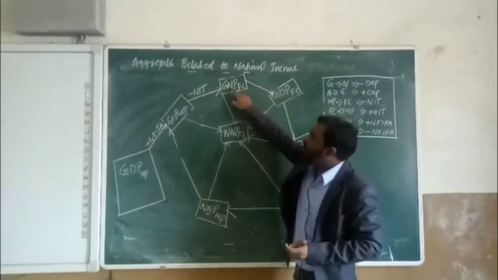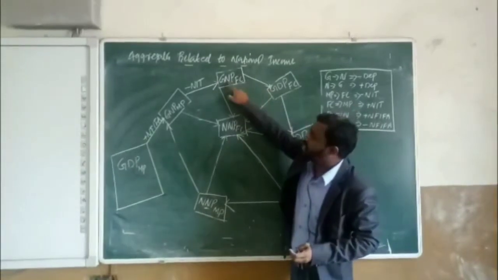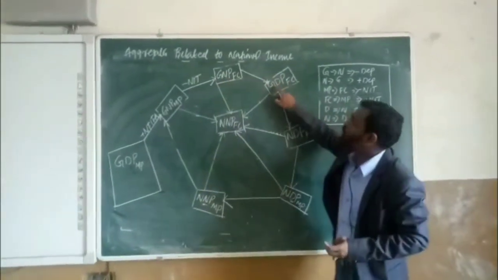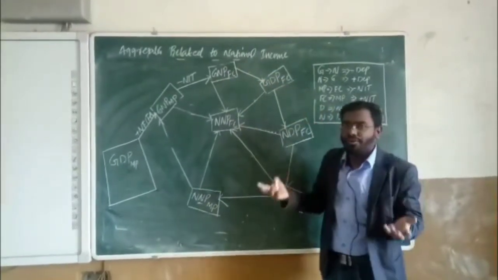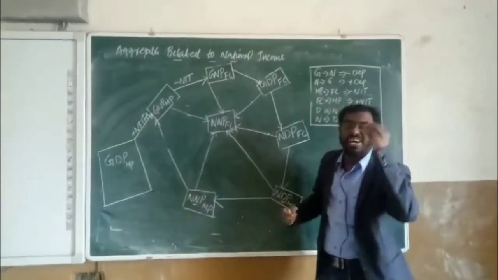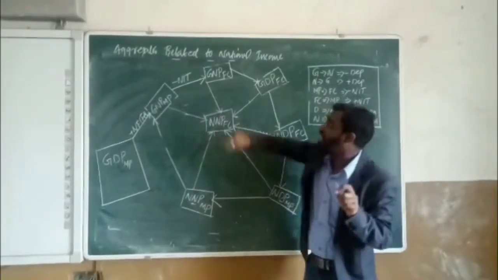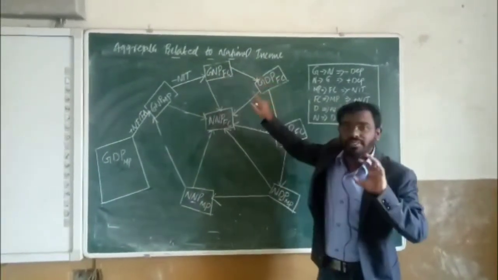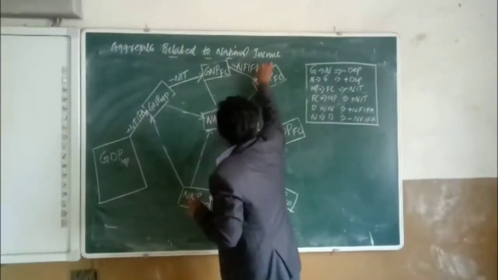Next one, this GNP-FC is changed into GDP-FC. That is gross national product changed into gross domestic product. So national into domestic. How is it possible? Domestic into national is by adding NFI-FA. Here national into domestic by subtracting NFI-FA.